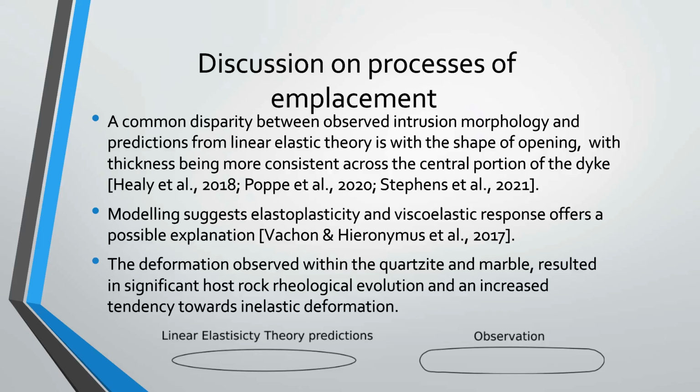Modelling within Vachon and Hieronymus 2017 suggests that increasing viscosity and plasticity can explain some of the disparity. The microfracturing-induced reduction in Young's modulus and shear modulus, and increasing propensity towards inelastic deformation after the propagation of the dyke tip, may explain some of the disparity within marbles and quartzites.